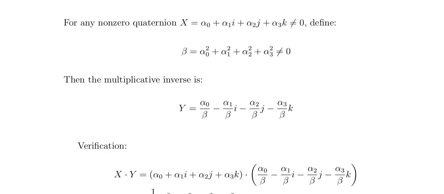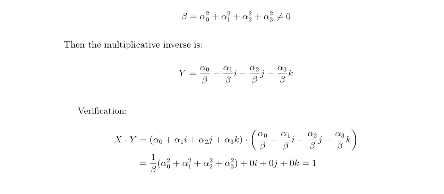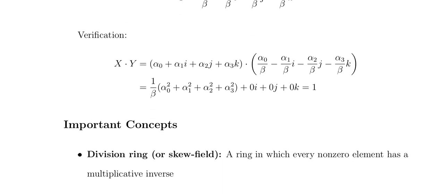When you multiply this we get 1, with 0i, 0j, 0k. That is called 1, the multiplicative identity, which exists for every non-zero element.